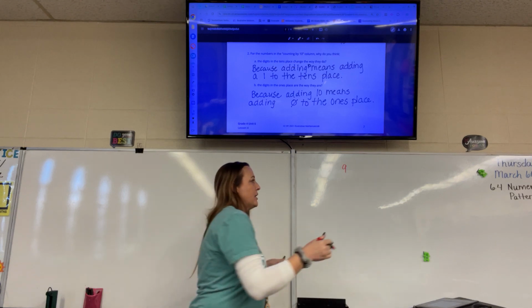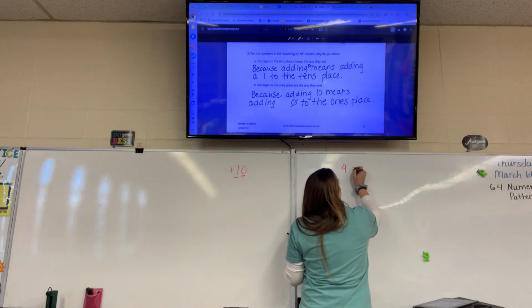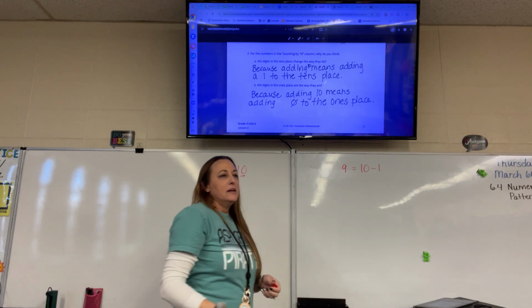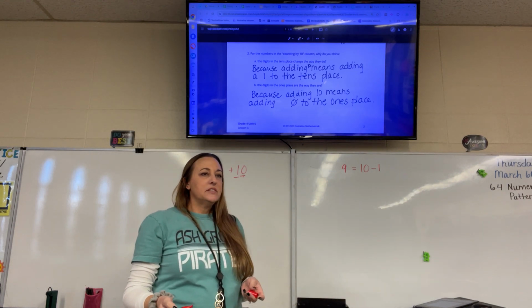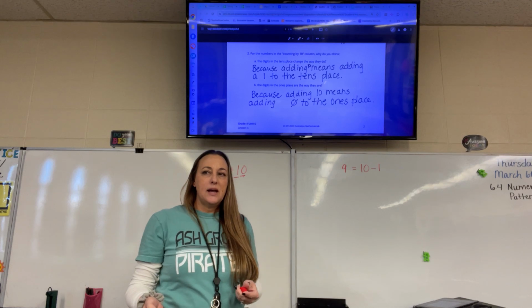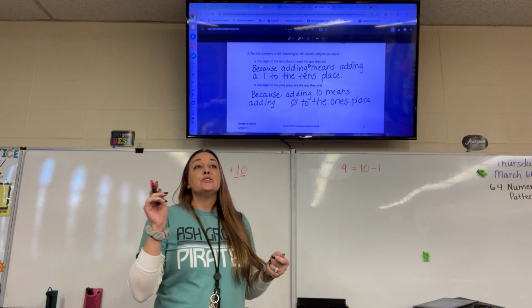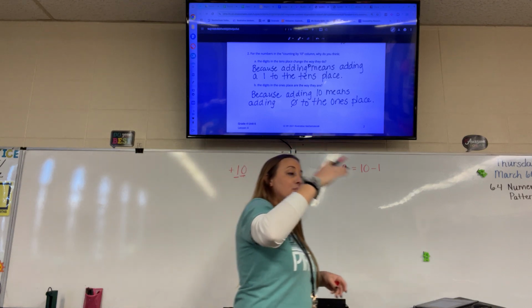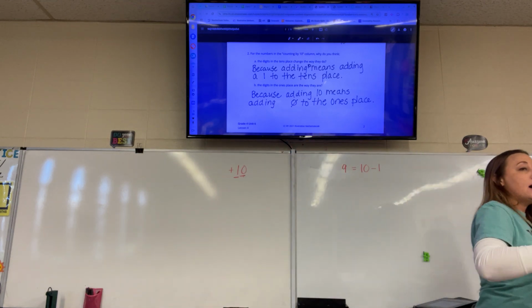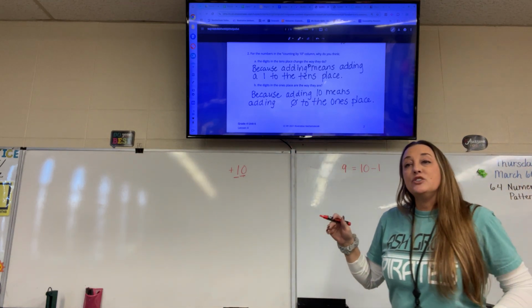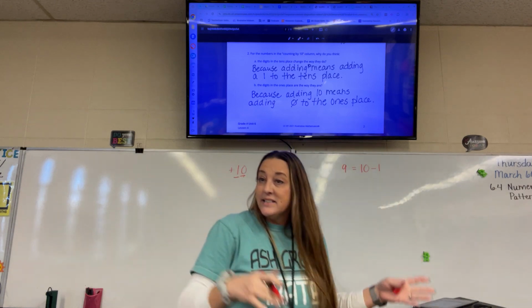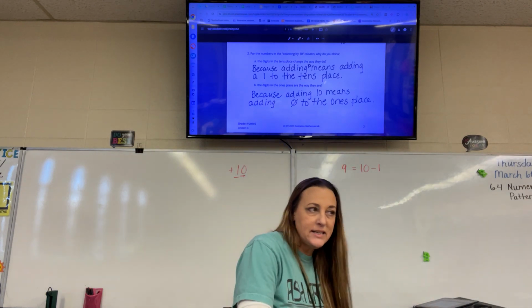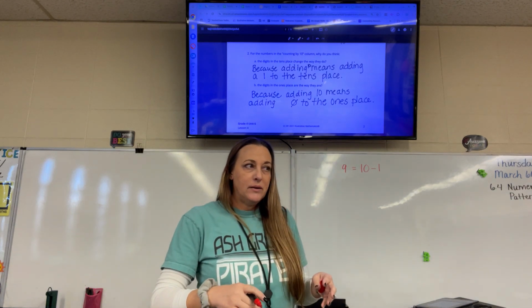So is 9 equal to 10 minus 1? Yes. So this is what I'm trying to get you guys to see. If you're trying to increase by 9 each time, an easier way to do it is to add 10 and then take away 1. Add 10, then take away 1.